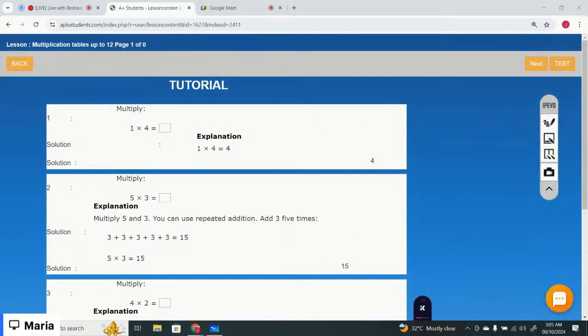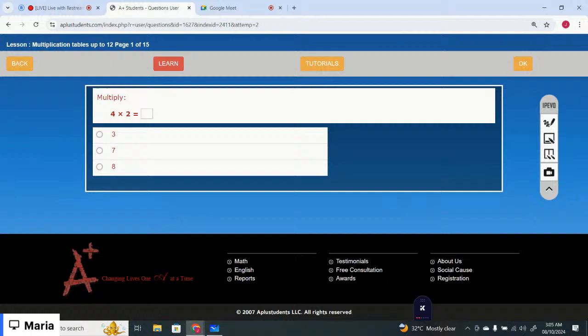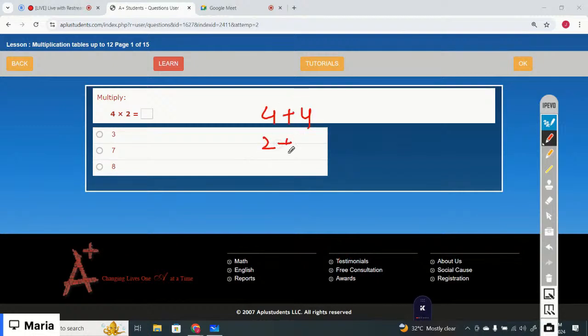Okay, let's just start with the test questions. Four times two, which is the correct option? You can add four two times or two four times. They both are exactly the same, right?